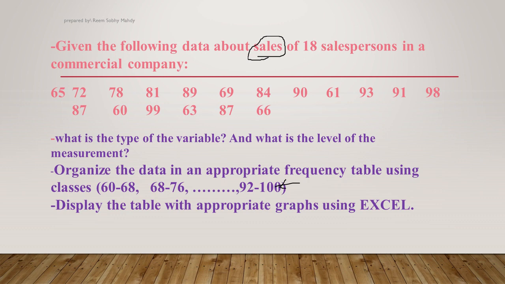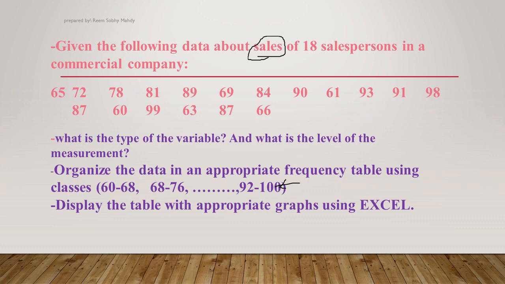Our variable here in this question is the sales or quantity of sales for the 18 salesperson. And the sales is a continuous quantitative variable, and the level of measurement is the ratio level, again, not interval. And this is because 0 means the absence of sales.